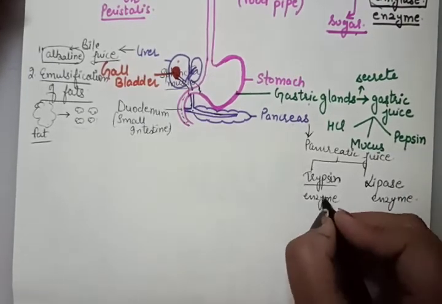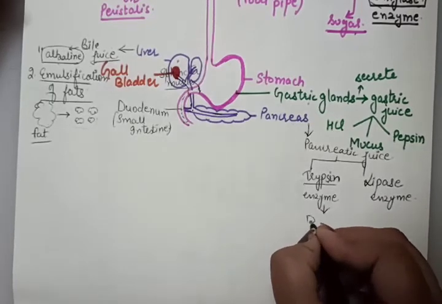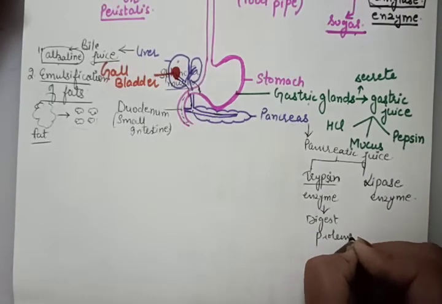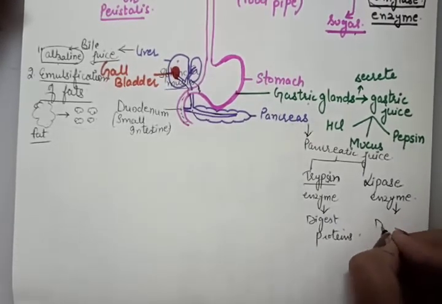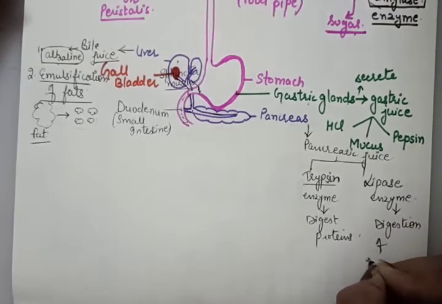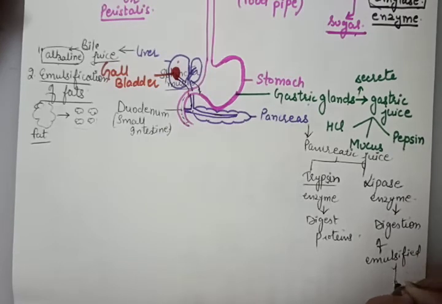Now what is the function of trypsin? Trypsin digests proteins. It helps in the digestion of proteins. Lipase helps in the digestion of emulsified fats.